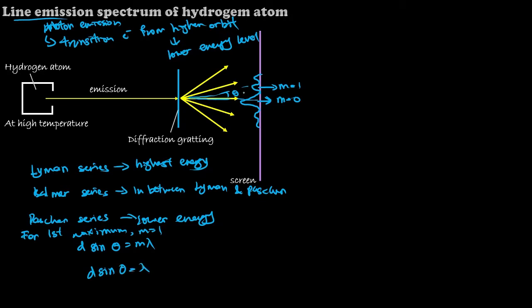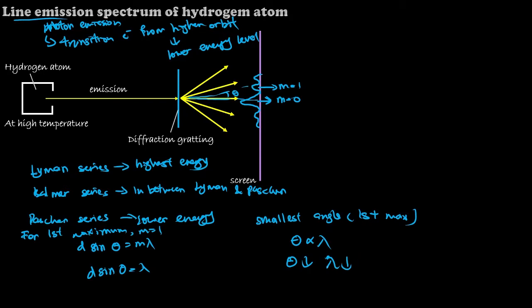In other words, the first theta is the smallest angle. Because the angle is directly proportional to lambda, for theta to be the smallest, lambda must also be the smallest.